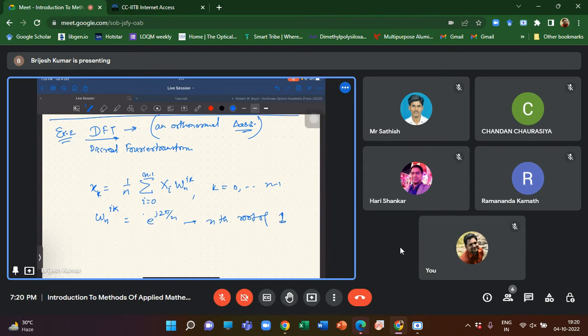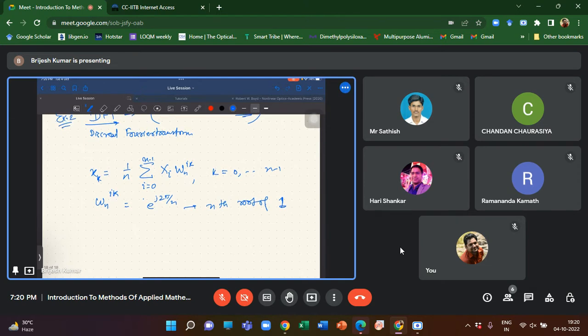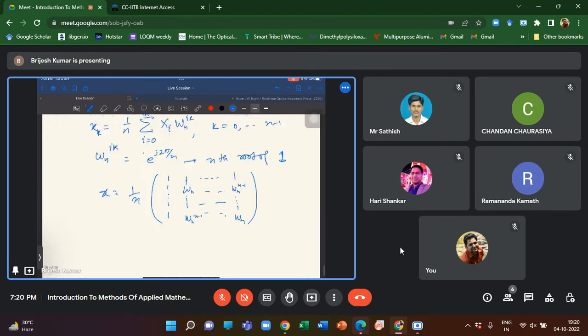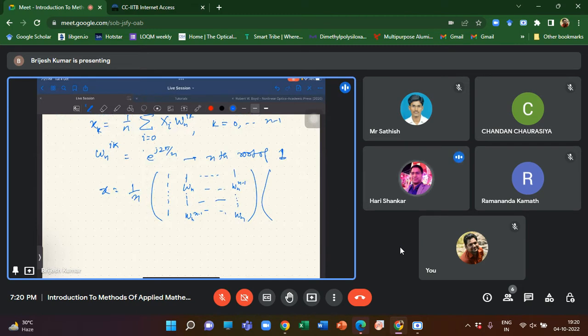In matrix notation, we can write this as x is equal to 1 upon n, times the matrix 1 1 1 ... 1 wn ... wn n minus 1, similarly till the last row, and the next vector we can write x0 x1 dot dot dot x n minus 1.